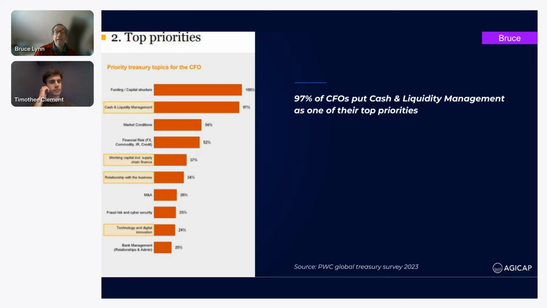But at the end of the day, if you want to pay your employees, cash really works well. If you want to pay back your banks, cash really is a good way to do that. And the same thing if you're looking to expand, if you're going to make investments into the future, buying a company or building a new widget plant, you need to worry about whether you've got the cash on hand or the borrowing capacity to do that. So you can see here what really makes sense for all the companies that PwC surveyed.